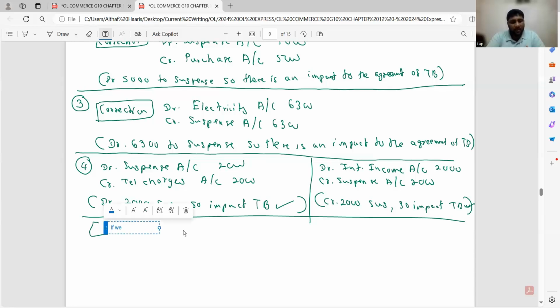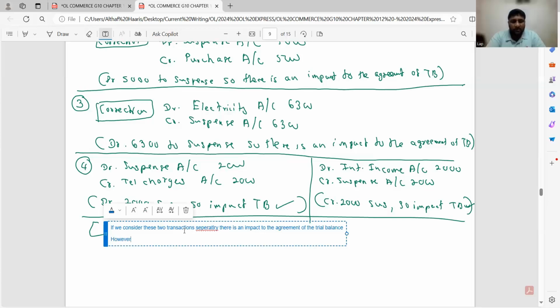If we consider these two transactions separately, there is an impact to the agreement of the trial balance.